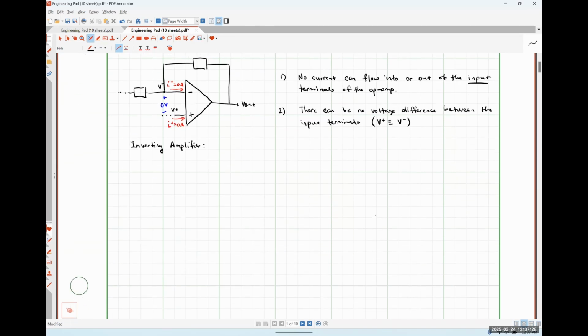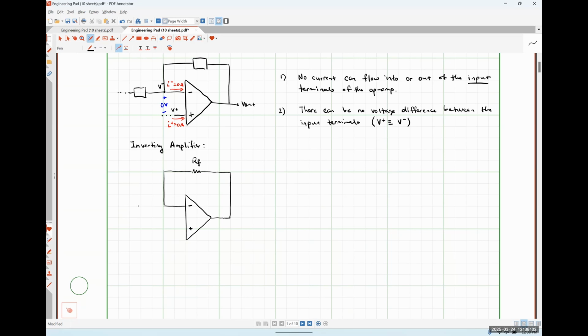So in an inverting amplifier circuit, and we'll do this the most generic way possible, we might have something like this, where I'm going to have a feedback resistance connecting my inverting input node to my output node like so. I'm going to call this resistance RF.